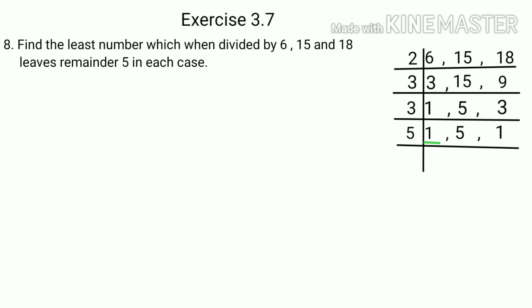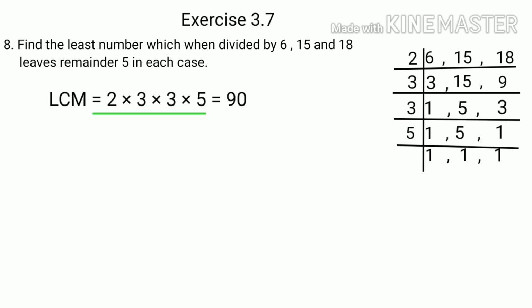This 1 will come down as it is, and when we divide 5 by 5, we get 1. And this 1 will also come down as it is. Now we have 1 as the quotient for all the numbers. So the LCM will be 2 into 3 into 3 into 5, which is equal to 90.